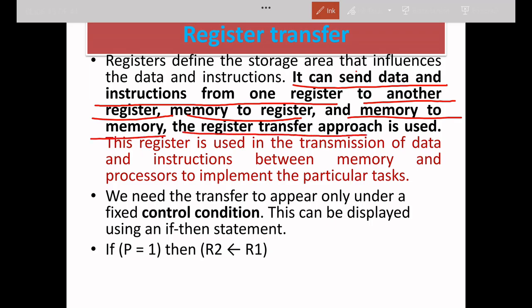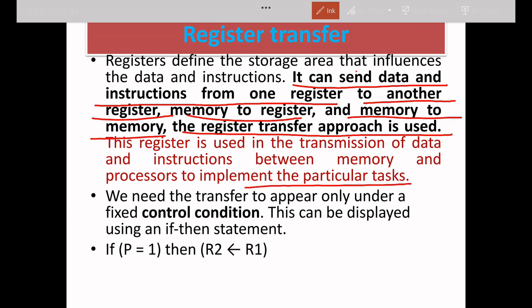The register transfer approach is used if you want to transfer data and instructions from one register to another. This is used in the transmission of data and instructions between memory and processor to implement a particular task.